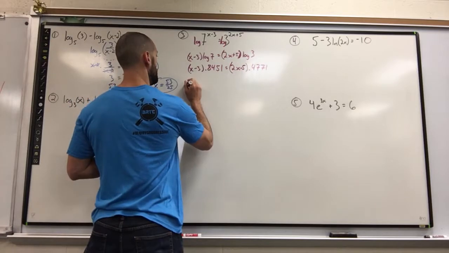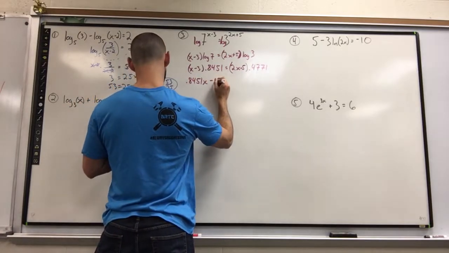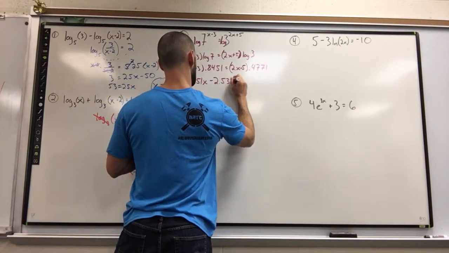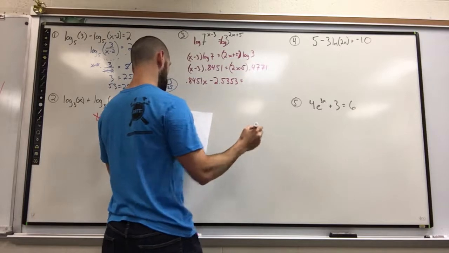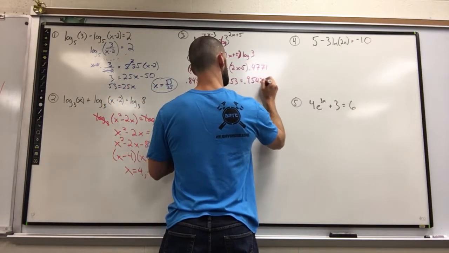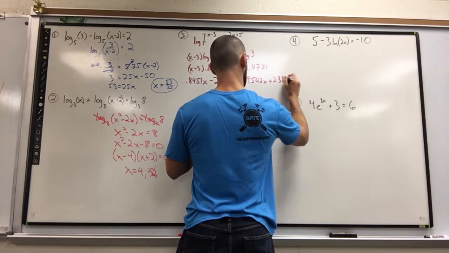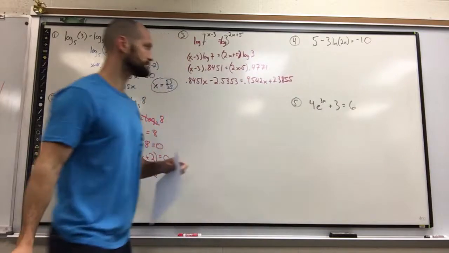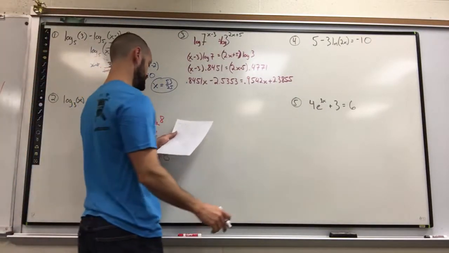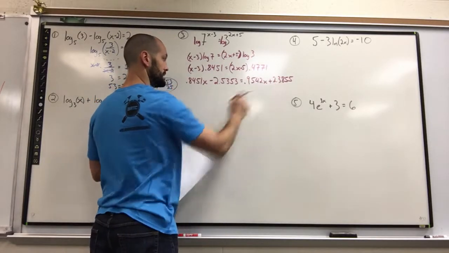So I'm left with 0.8451x minus 2.5353 equals 0.9542x plus 2.3855. All I'm going to do here before this next step, I'm going to bring all my numbers to this side and my variables to that side. That's it.